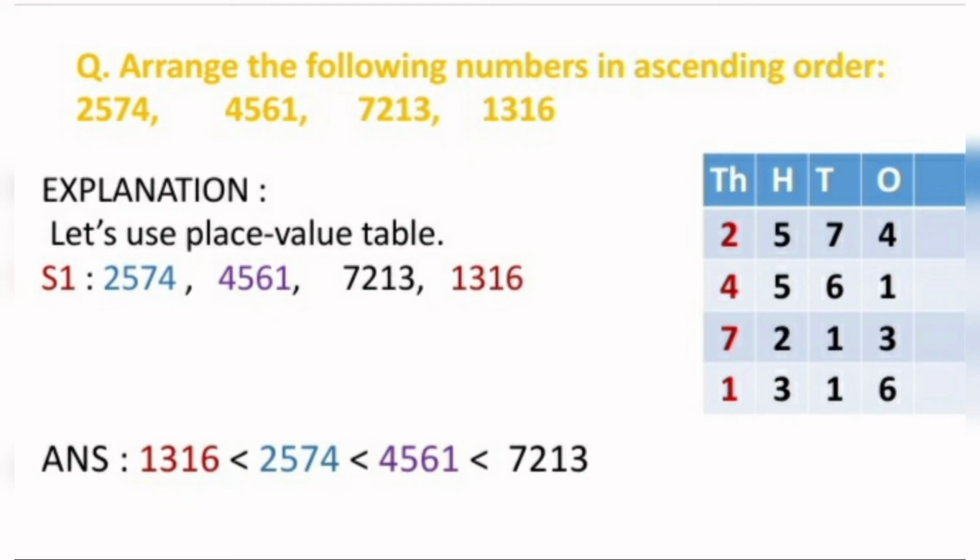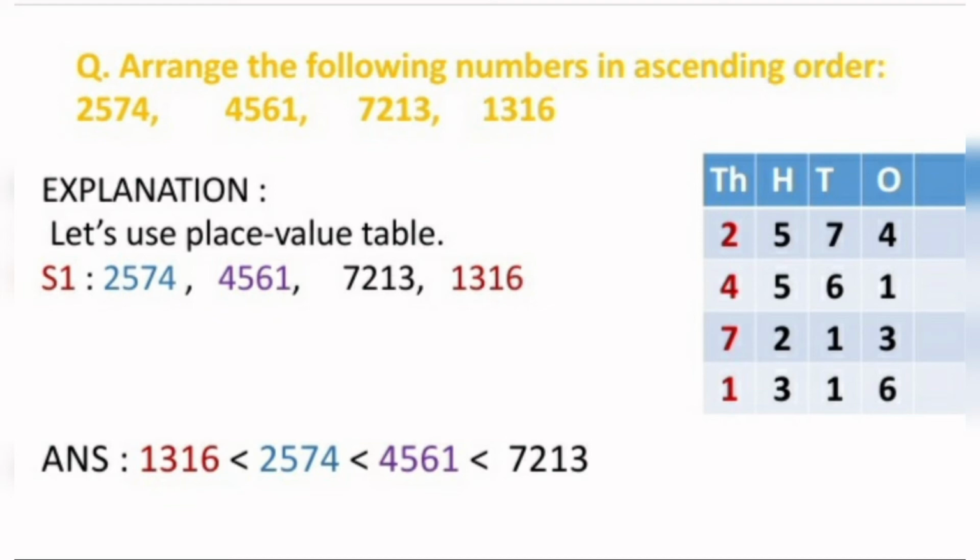They are the digits in thousands place, that is highest place. Now here you need to find the smallest digit. So which is the smallest, and go on arranging them from smallest to biggest. So it will be like this: 1, 2, 4, and 7. And accordingly you can see the answer is written at the end of the slide.